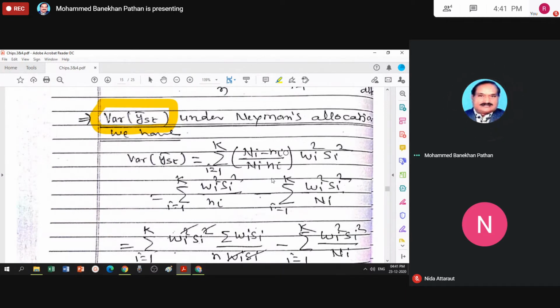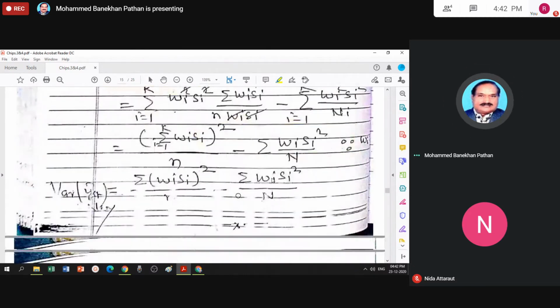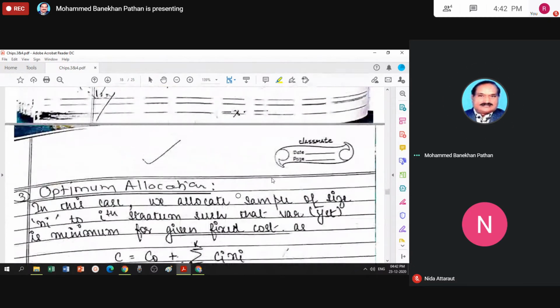Now I simplify this bracket and this entire formula is written as a subtraction of two quantities: Wi square Si square divided by small ni, minus Wi square Si square by capital Ni. This we have discussed in the last lecture.